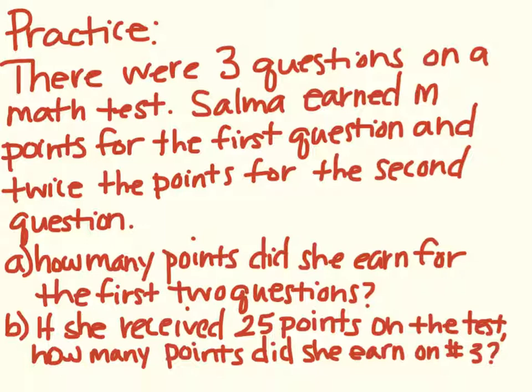Part B asks, if she received 25 points total on the test, how many points did she earn on number 3? There is a Part C, but it doesn't fit on this screen. So please press pause, work parts A and B, and when you're ready for Part C, go on to the next screen.